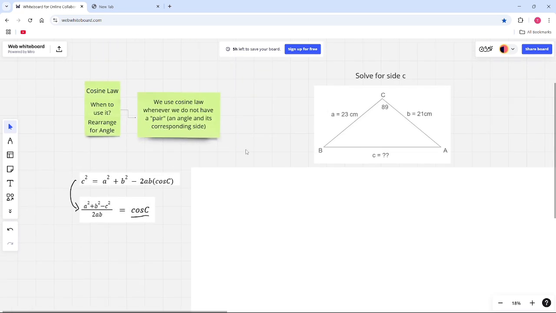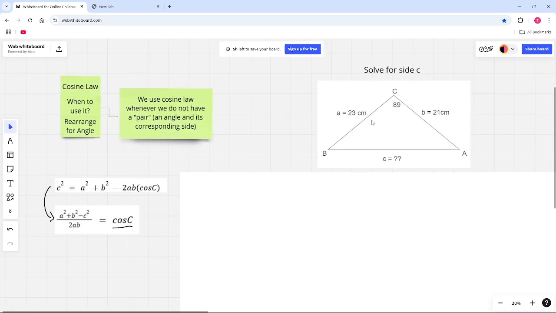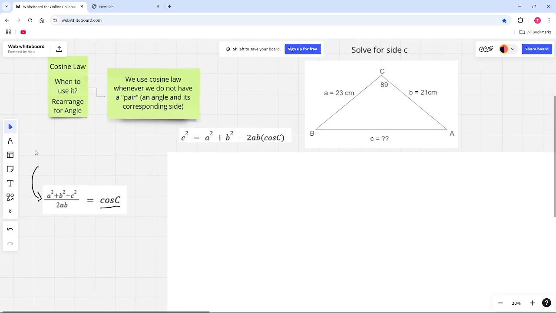Now let's solve for this triangle over here. Since we're trying to solve for a side, this equation over here is already rearranged for us to be able to plug in the variables and just solve for side C. So let's just write it out over here.